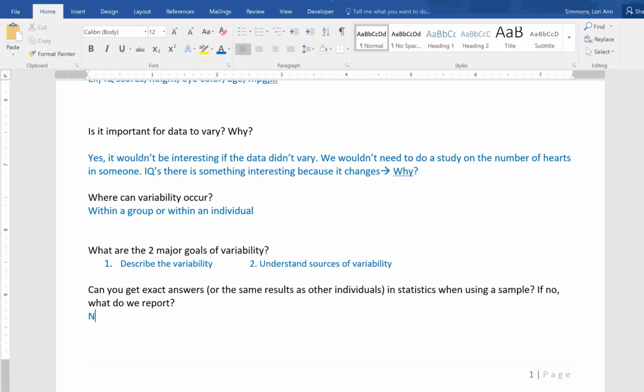Because you would have to be sampling the same individuals, and that is very unlikely to happen. The only way that you would get the same exact answer is if you asked everyone in the whole population. So if no, what do we report? So we report results with a level of confidence.